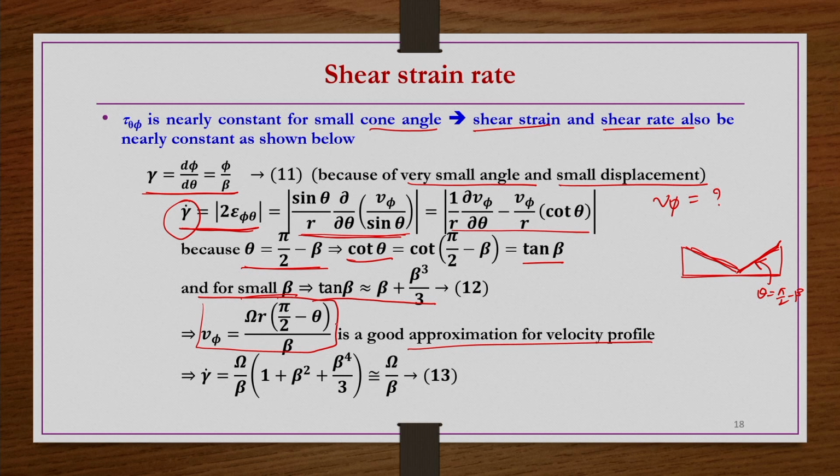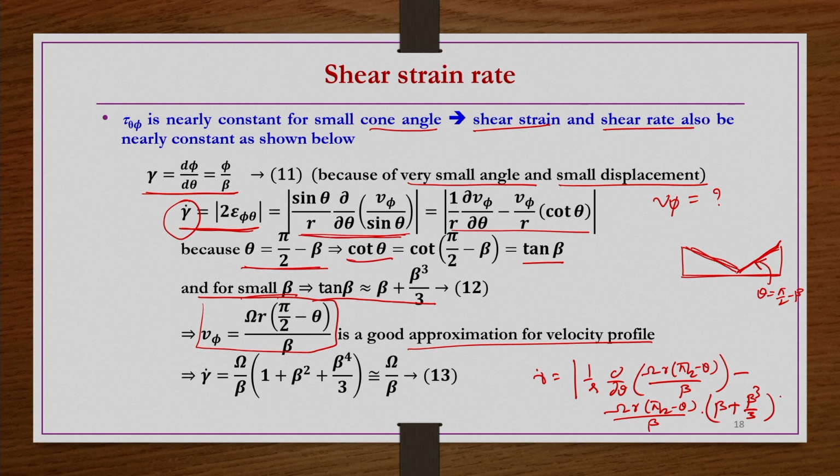Now in this expression, in place of cot theta you write tan beta, and in place of tan beta you write this series expression. So, let us do the simplification. Gamma dot would be 1 by r dou by dou theta of omega r pi by 2 minus theta by beta, minus omega r pi by 2 minus theta by beta multiplied by beta plus beta cube by 3, and then modulus.